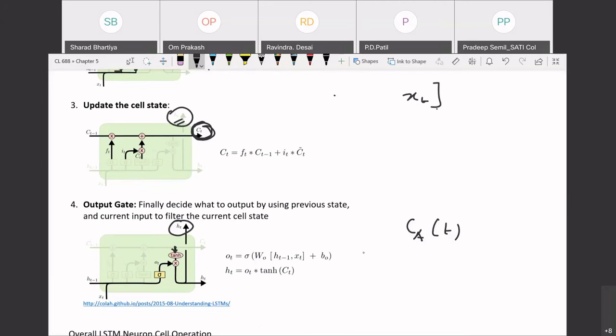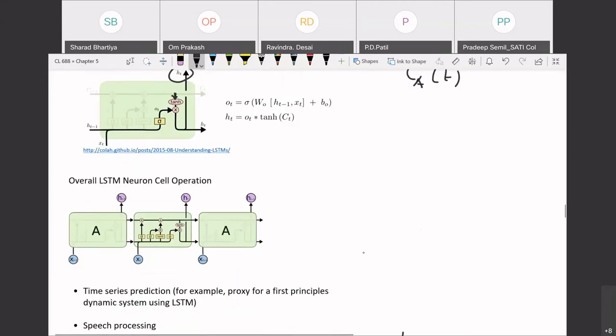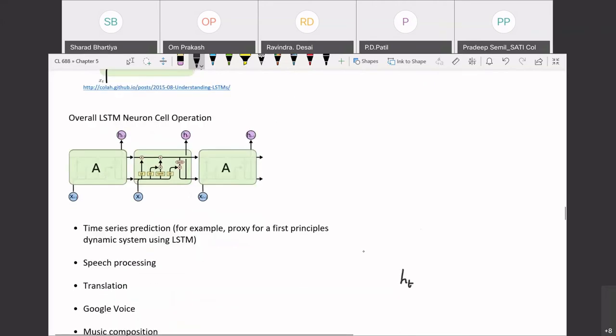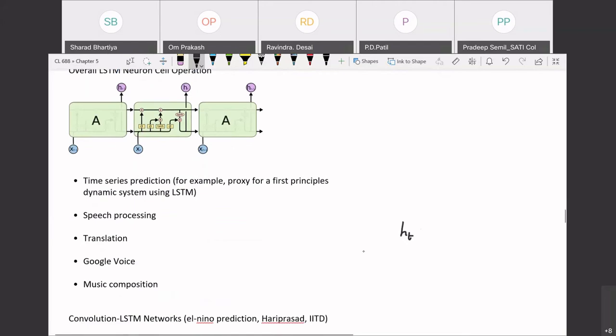And it was not very difficult. Each of these four operations had simple operations like in the original neuron that we had seen, but if we put it together, this is what an LSTM neuron looks like.